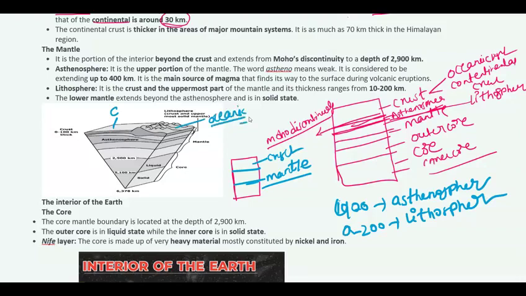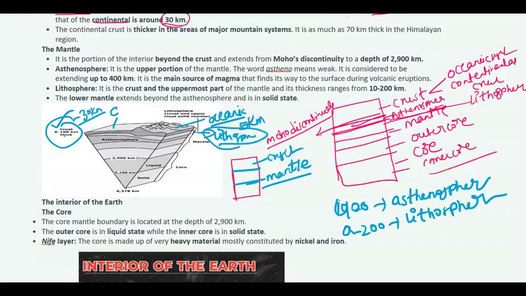Oceanic crust is 5 kilometers deep, whereas continental crust is around 30 kilometers. From 0 to 100, it is a crust. After that, from 100 to 200, you can see the lithosphere.